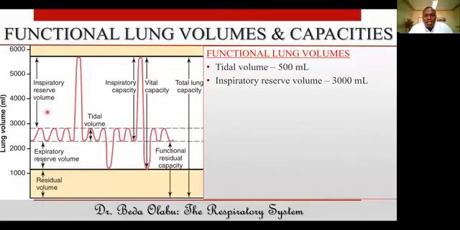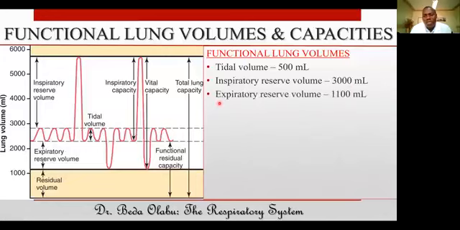You realize that you have to use some force. So it's that volume of air that you have to forcefully breathe in over and above the normal tidal volume. That volume is about 3 liters.